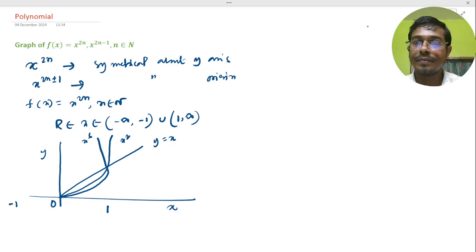Another one is for the odd functions, f(x) equal to x to the power 2n minus 1.